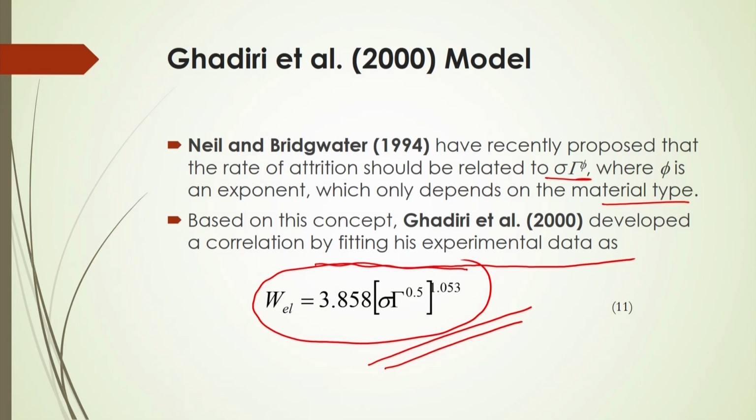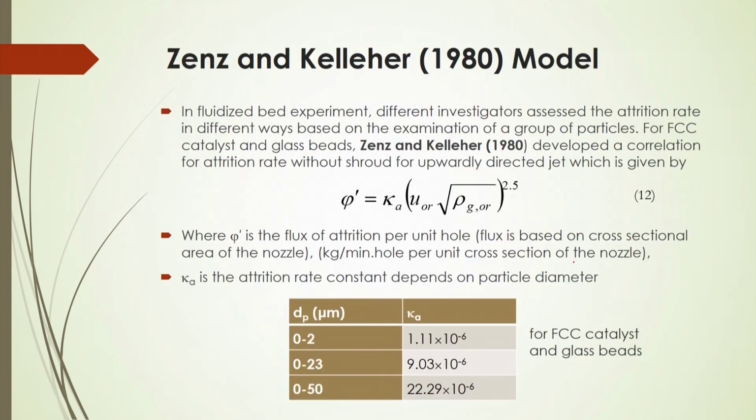Here phi is nothing but the 0.5, whereas the proportionality constant is equal to 3.858. So from this correlation you will be able to calculate the attrited mass of fines formed after the attrition process, once you know the normal stress and the shear strain during the process.